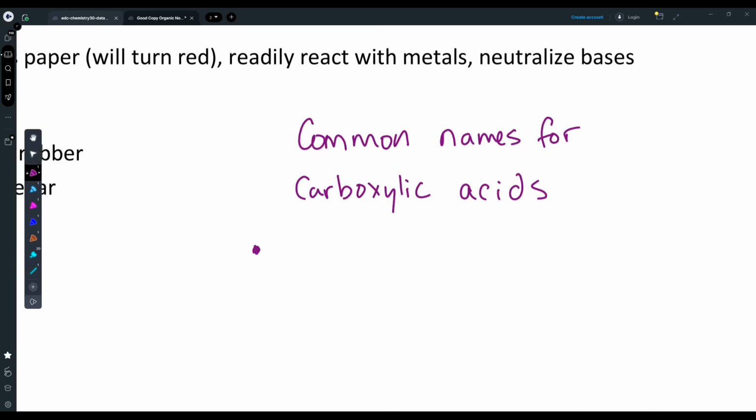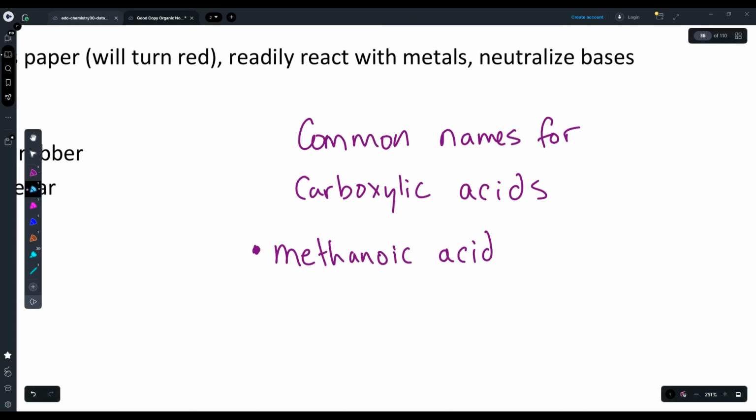The first one we're going to talk about is methanoic acid. The common name for that is going to be formic acid. Again, the common names don't follow the IUPAC naming system.